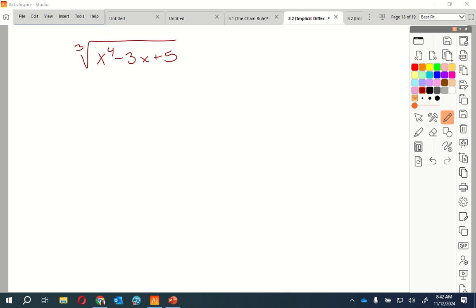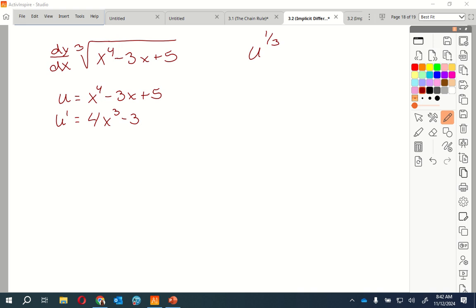Okay. dy/dx, same thing. Alright, so I'm going to say u is x to the 4 minus 3x plus 5. U prime is 4x cubed minus 3. And the function is u to the 1/3. Are we okay?